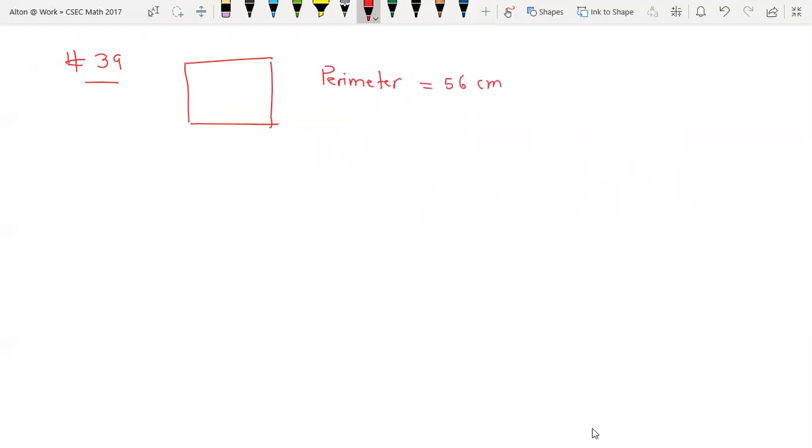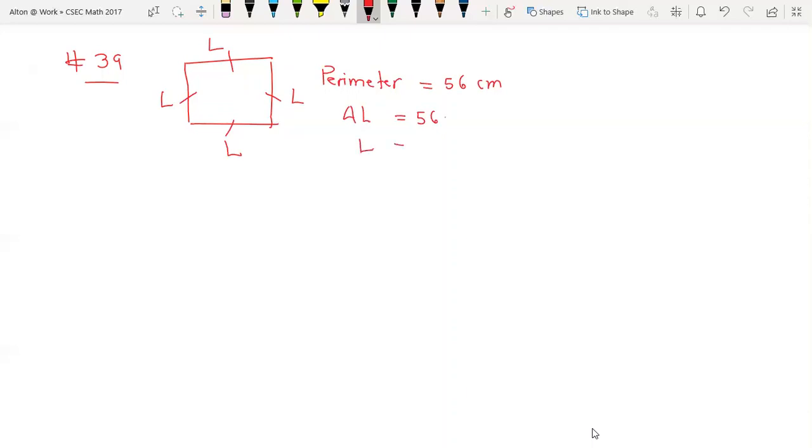Now, the square has 4 sides, as we know. 1, 2, 3, 4. 4 of these sides. And they are all of the same length, because it's a square. So the perimeter corresponds really to a length of 4L, and this is your 56 centimeters stated.